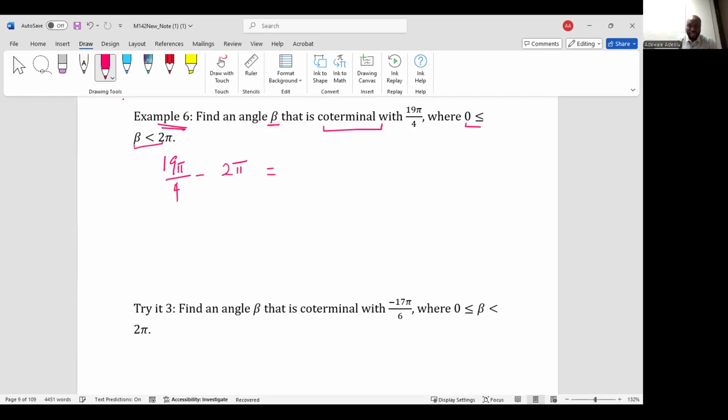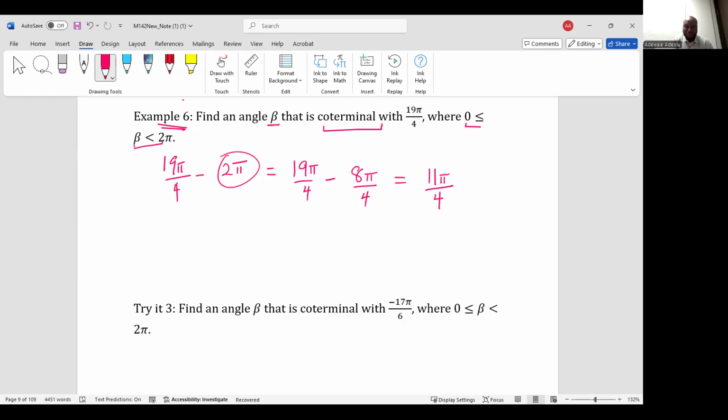And what do we have? I can say this is 19 pi over 4 minus, I can rewrite this as 8 pi over 4. It is still 2 pi, right? I just want to be sure that they have the same denominator. So which is 11 pi over 4.